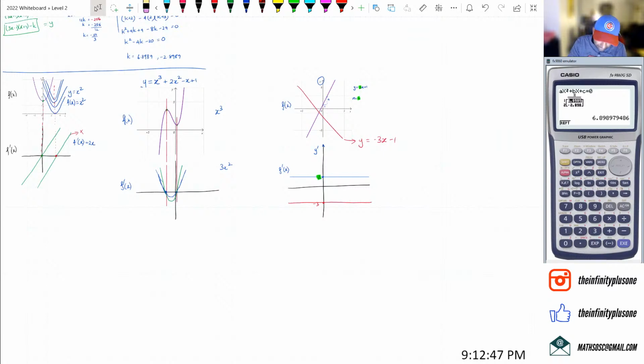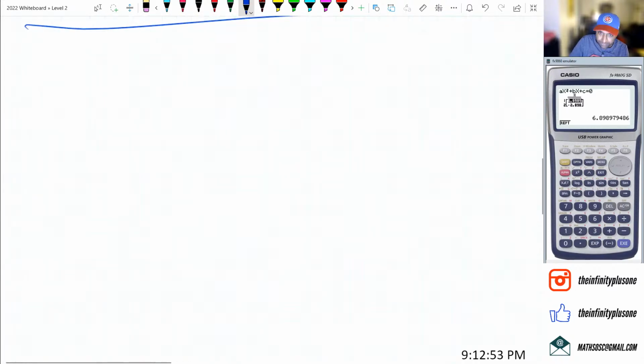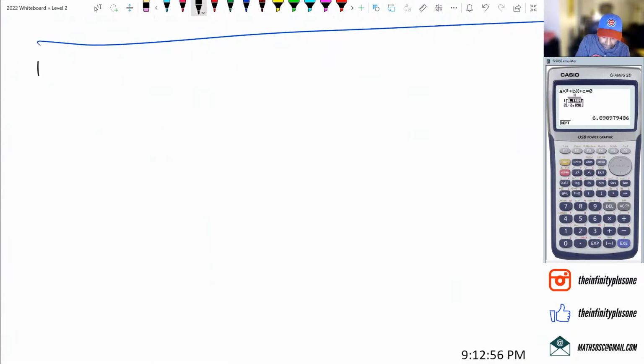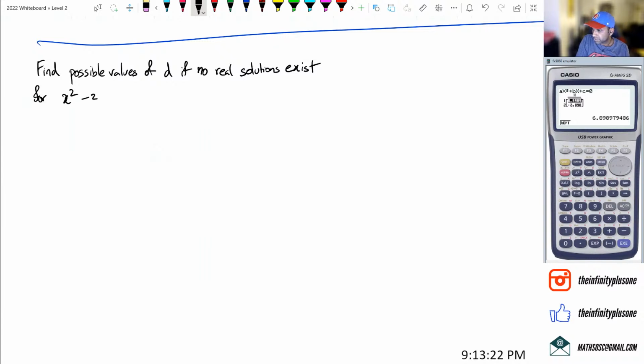Look, I got a great question here for algebra with discriminants again, so we can do that real quickly. Find possible values of D if no real solutions exist for x squared minus 3x plus 4 minus d(x squared minus 1) equals 0.